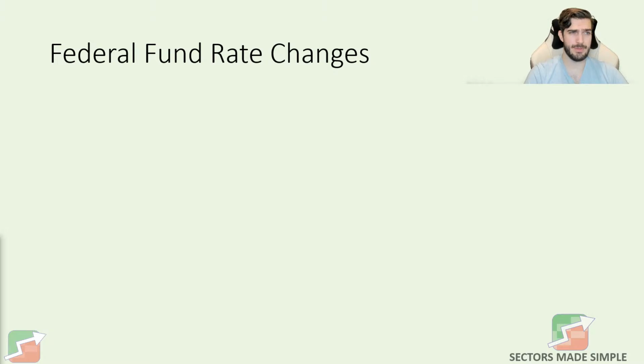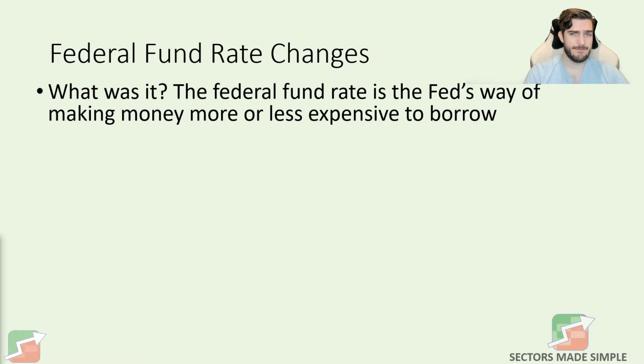So let's start off with the big one here, the federal funds rate changes. The federal funds rate, again, is one of the ways that the Fed can try and manage monetary policy and direct the US economy in the direction they feel like it needs to go. The federal funds rate allows them to do this by setting the rate that banks can lend to other banks. Silly sounding, I know, right? Banks don't have enough money, they need to borrow?